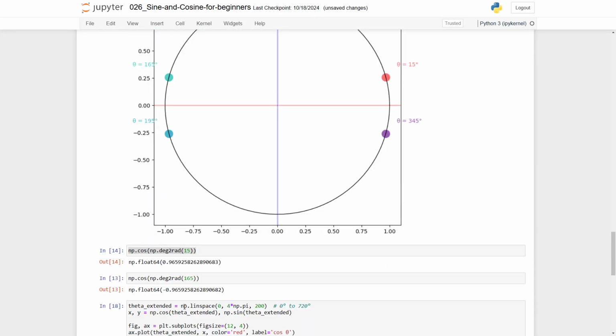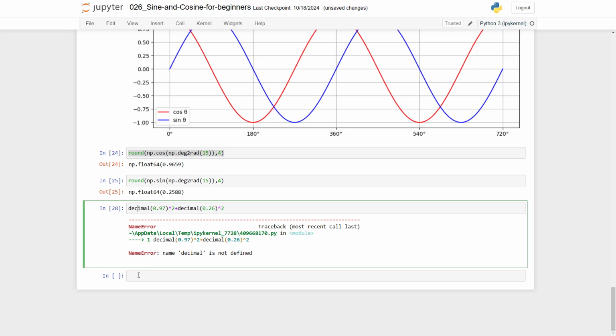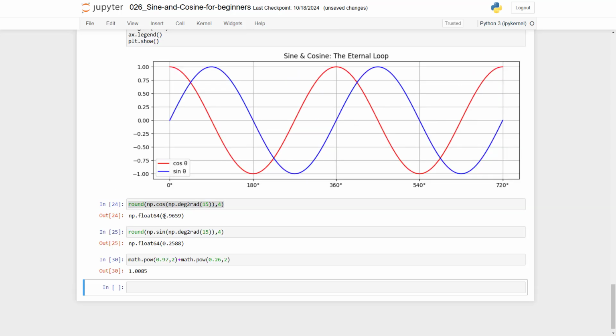And now, what is it? Math.pow plus math.pow. Yeah, it is equal to 1.